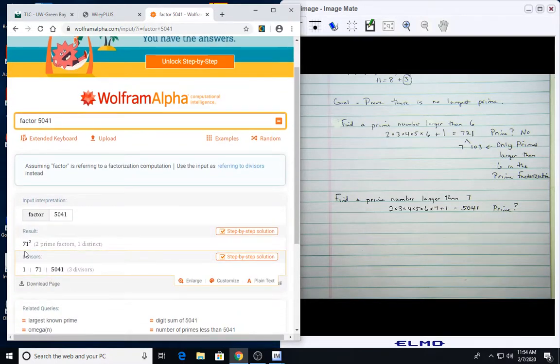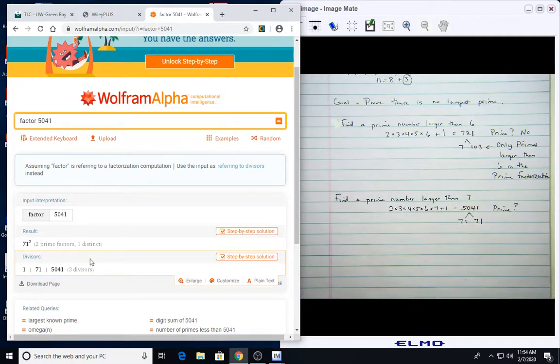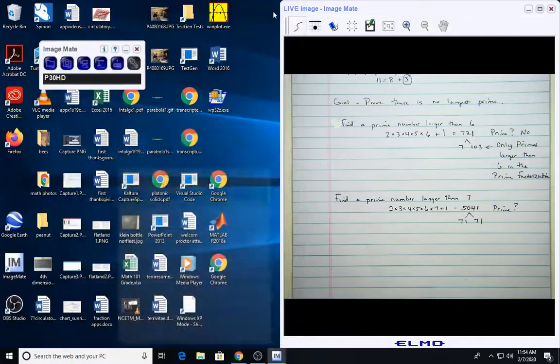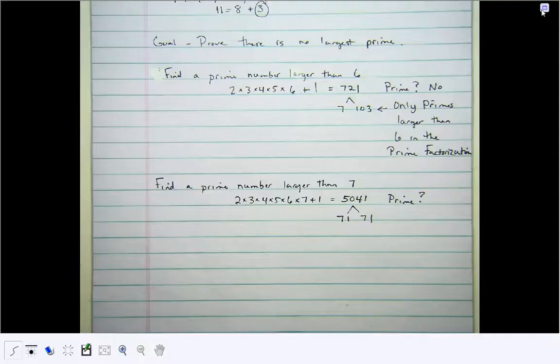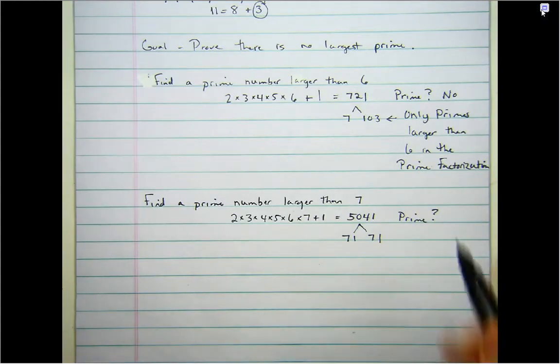And it is 71 times 71. We'll just verify that, right? Sure enough, 5,041. So the number that we made, this big number, is not prime.